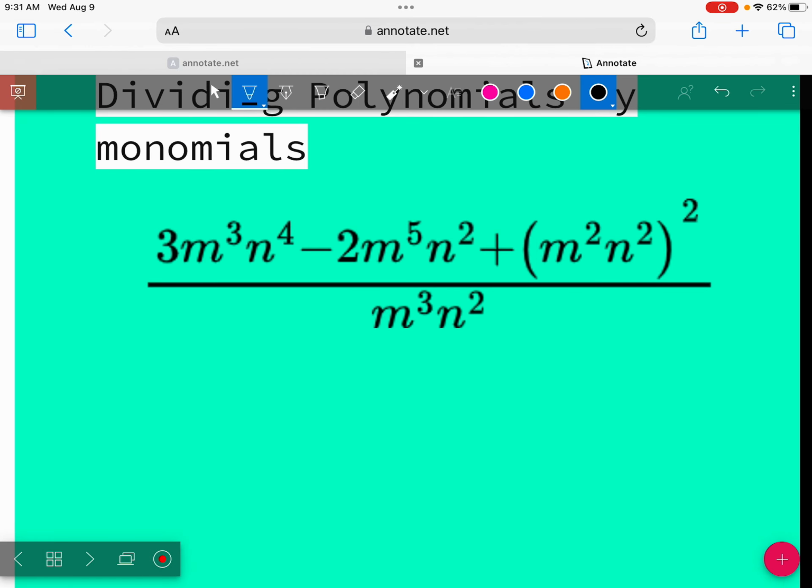We've got 3m cubed n to the 4th minus 2m to the 5th n squared plus the quantity m squared n squared, all over m cubed n squared.